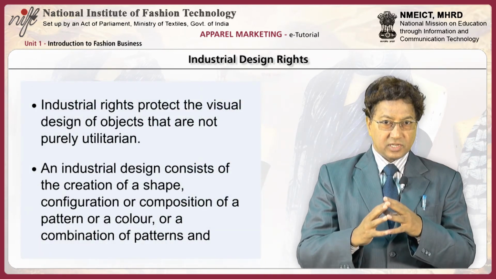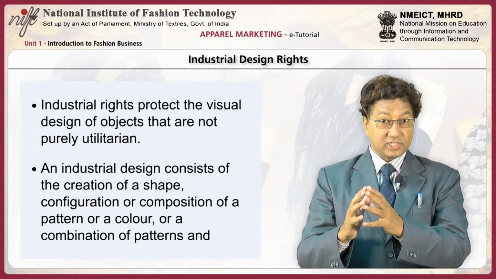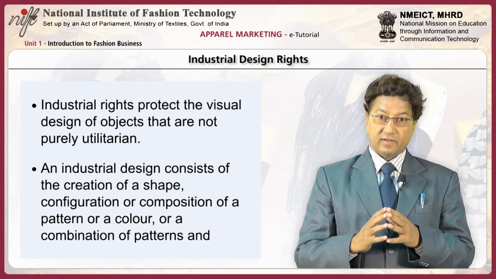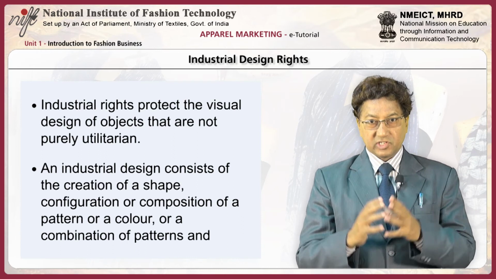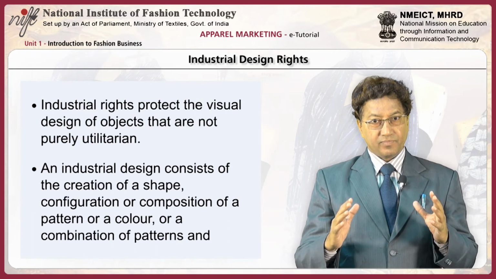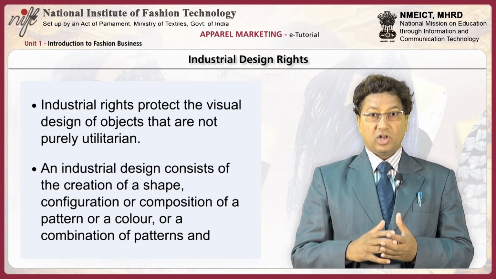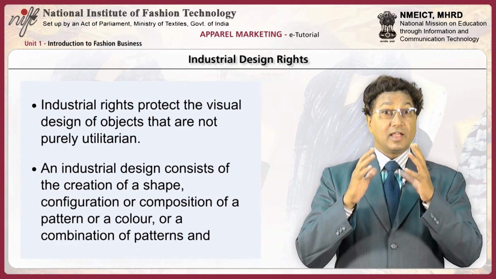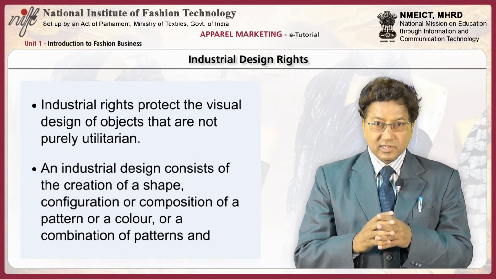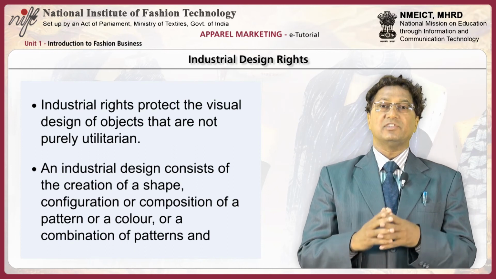These rights protect the visual design of objects that are not purely utilitarian. An industrial design consists of the creation of a shape, configuration or composition of a pattern or a color or a combination of patterns and colors in three-dimensional form containing aesthetic value.